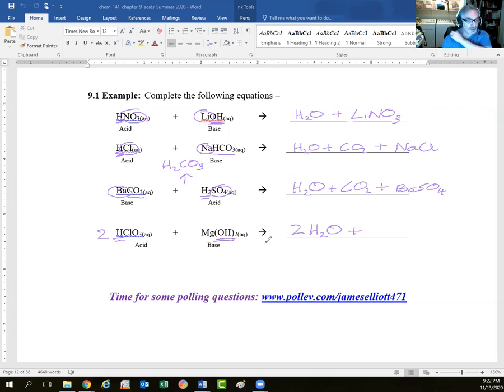And then the leftover bits again come together, the magnesium and the chlorate ion. So we'd produce magnesium chlorate, Mg2 plus, chlorate 1 minus, so we need two of them to cancel out with the magnesium charge.